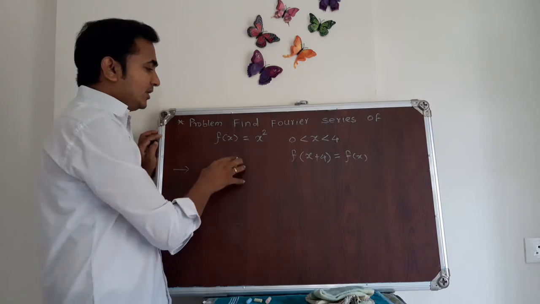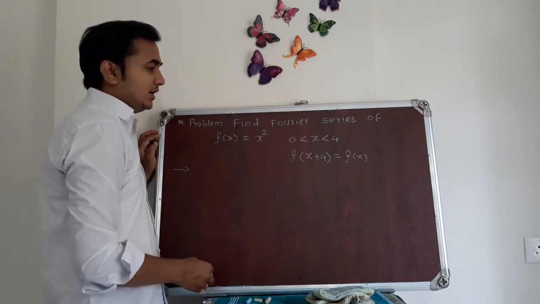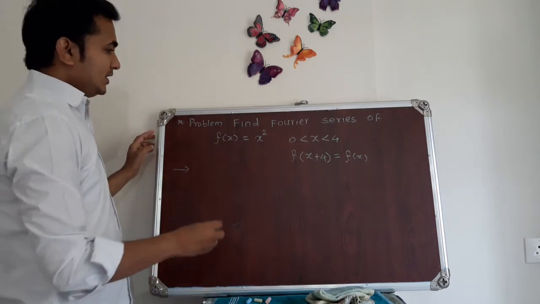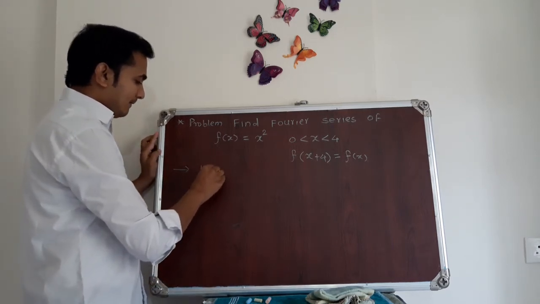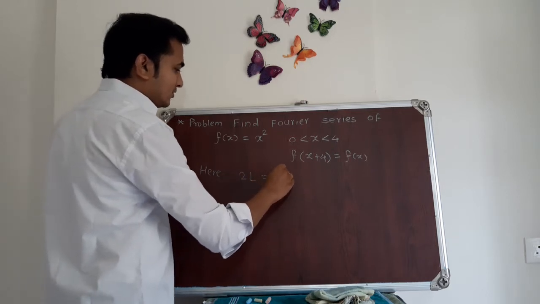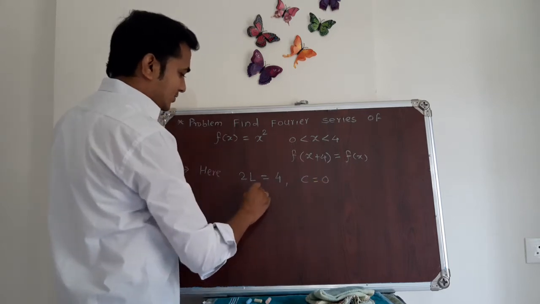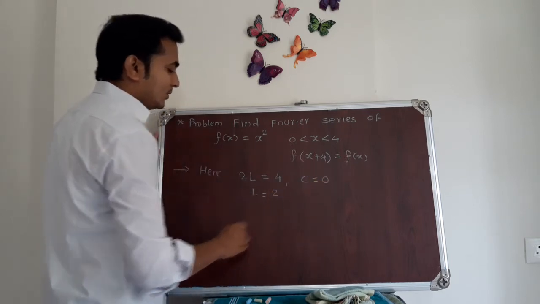So I'll be giving a hint to solve this example. You can try at home. Here 2L is 4, the value of c is 0, so L becomes 2.